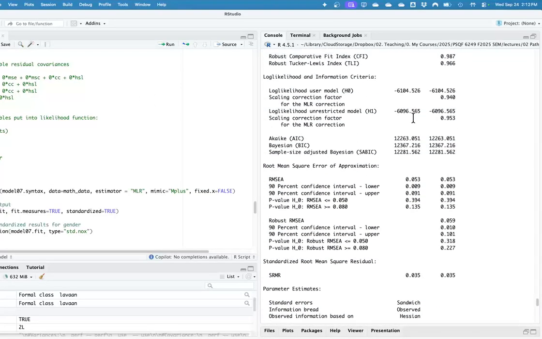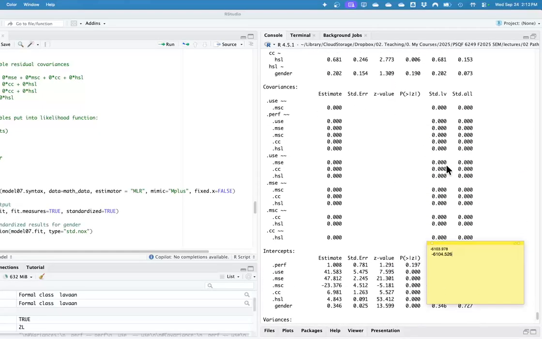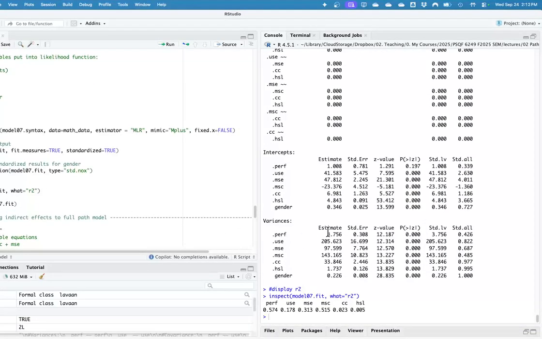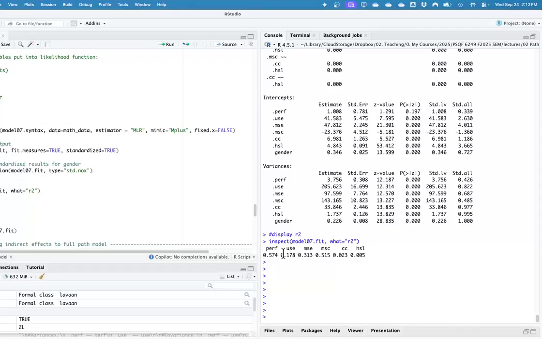All right. Log likelihood of the user model. Very close, though. Very close. Yep. And that's what I'm sort of mentioning. And then I wanted to show R squared. The R squared for usefulness is 0.178. It was 0.04 before.